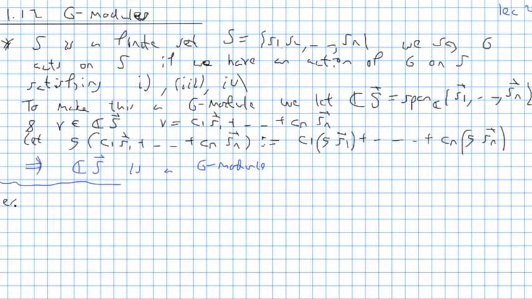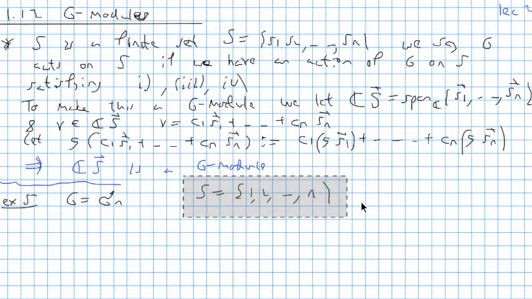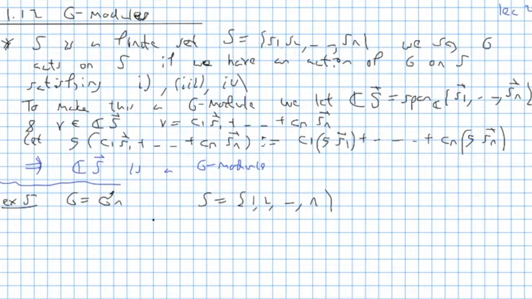This would be example 5. If G is the symmetric group, it naturally acts on the set 1 up to n. So this group acts naturally here. Sorry for the handwriting.